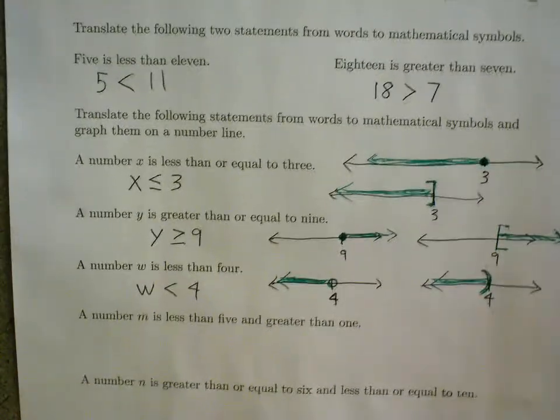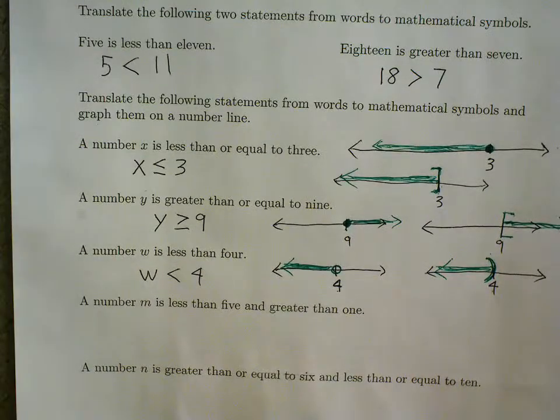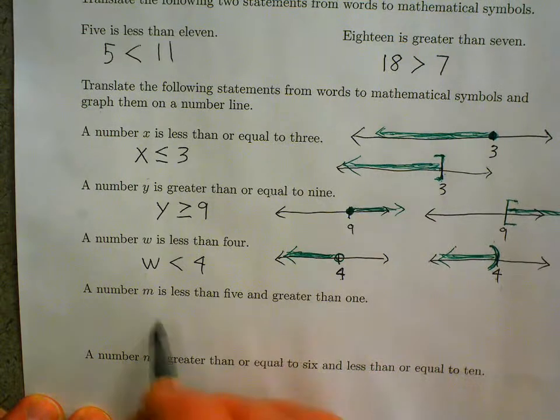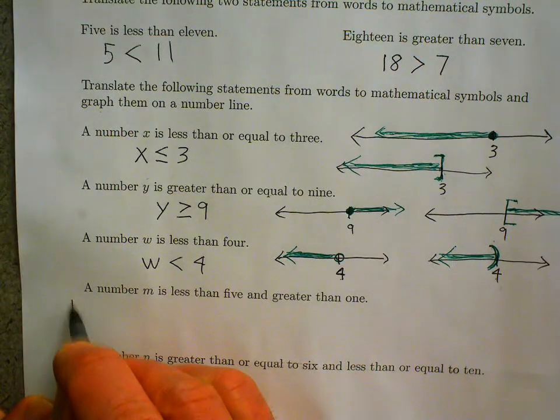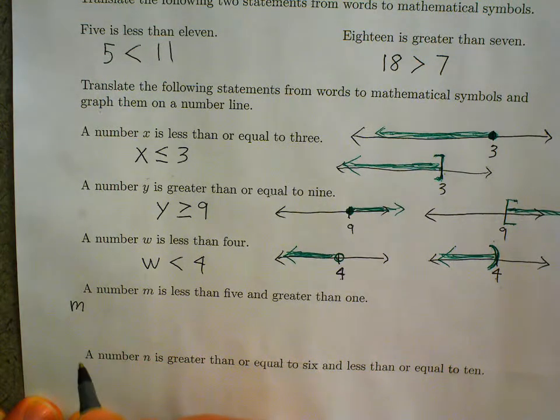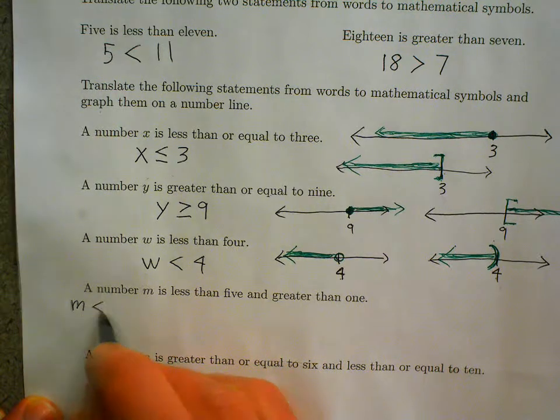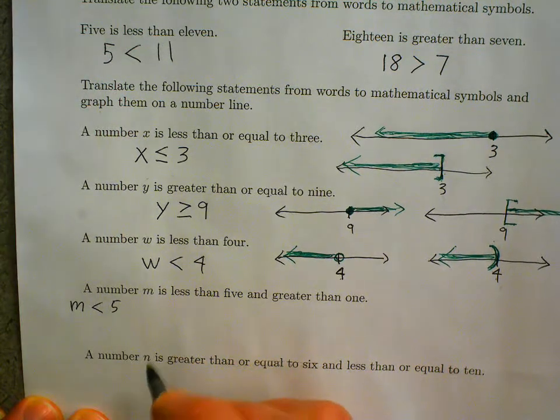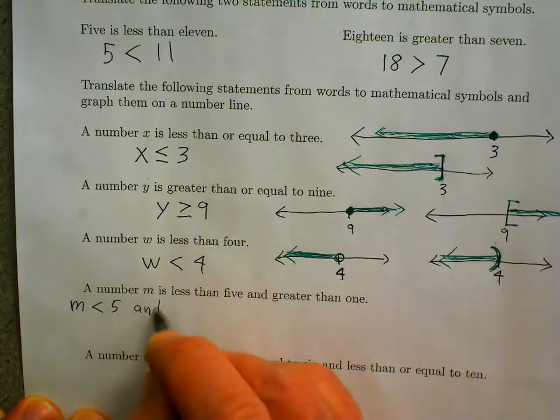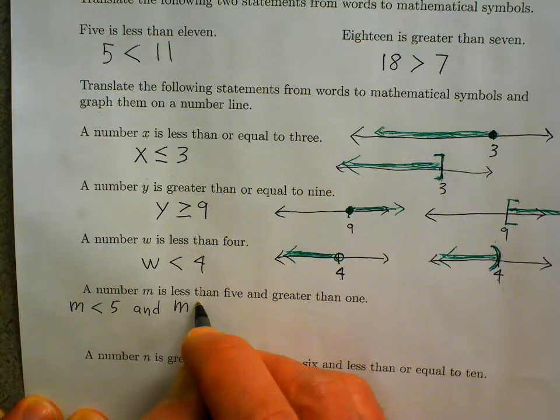Okay, the next one, a number m is less than 5 and greater than 1. Well, we could write m is less than 5 and m is greater than 1.